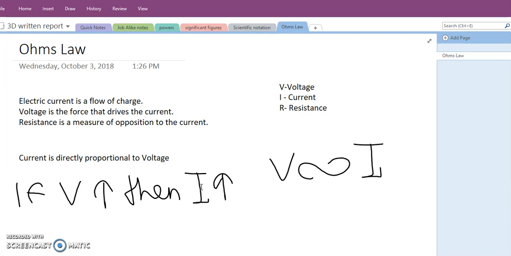Remember, with voltage, if you increase the voltage, the current has to go up. But with resistance, it's the other way around. You increase resistance and the current goes down. So that is inverse proportionality. So current is inversely proportional to resistance.